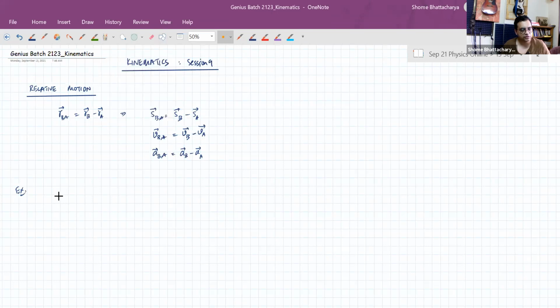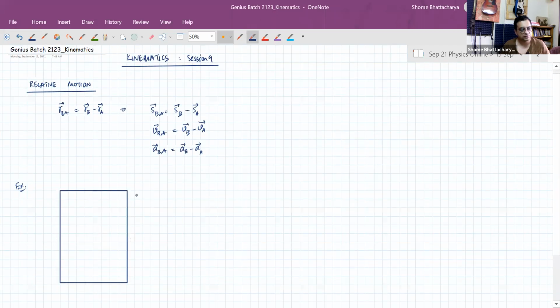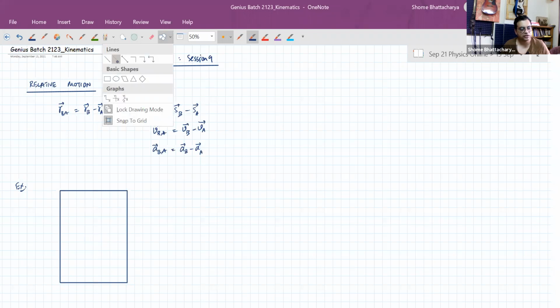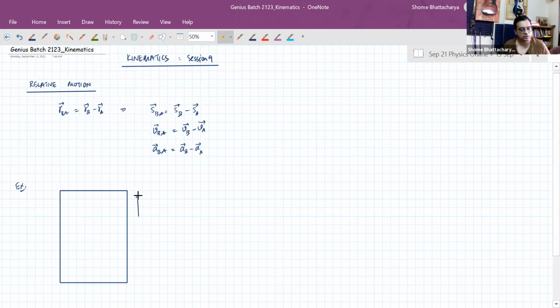So we have this situation that there is an elevator which is moving vertically upwards with an acceleration of a0.